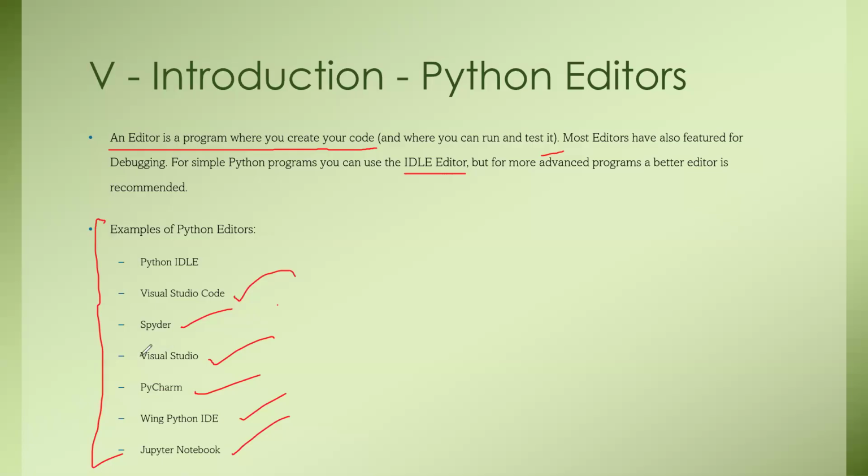Maybe you can ignore Visual Studio Code for now. Apart from Visual Studio Code, we have Spyder, PyCharm, Wing Python IDE, and Jupyter. Wing Python is not much used, but these three, Spyder, PyCharm, and Jupyter Notebook, are considered the enterprise level Python editors.